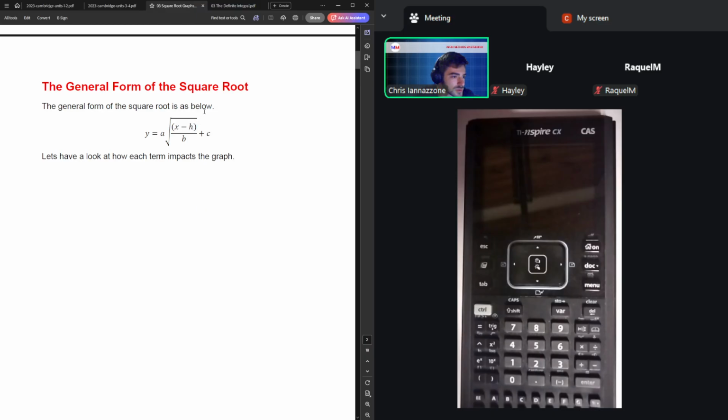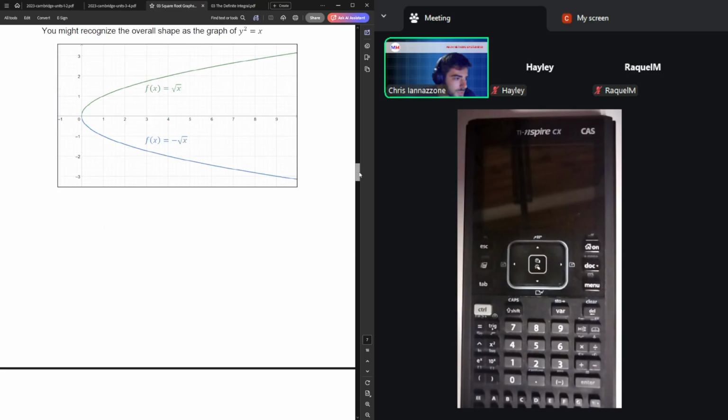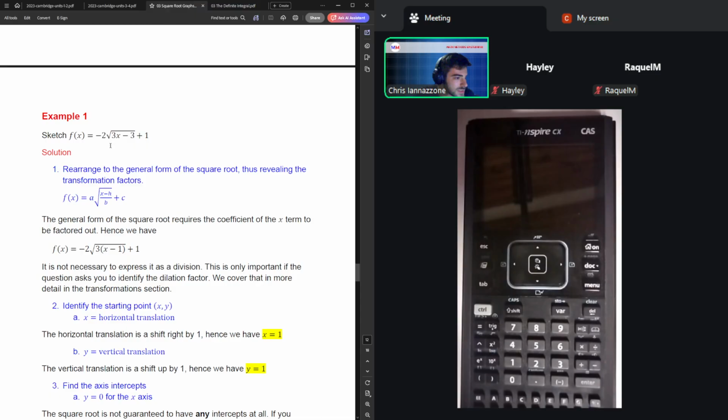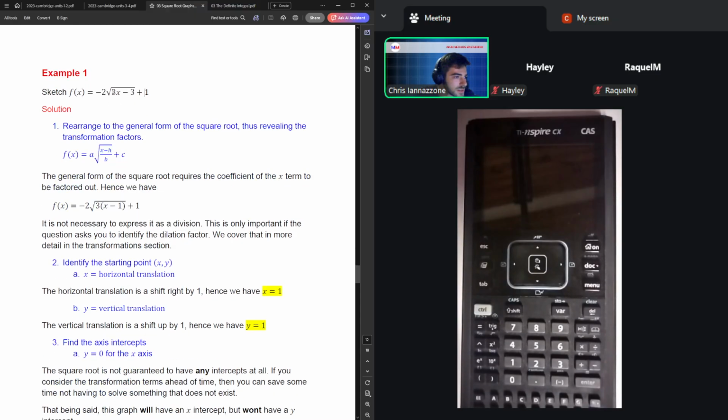You can see your horizontal translation, you can see your vertical translation, you can see your two dilation factors, and if there are any negatives, those will go either on the A or outside these brackets. But if we look at the example that we have, it doesn't quite match that perfectly.